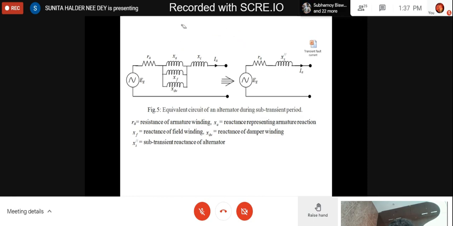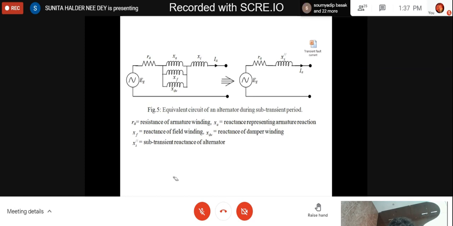When you draw the transformer equivalent circuit, that circuit never exists within a transformer. No resistor is connected there, no inductor is there, but the behavior of the transformer is such that we can represent that behavior by that equivalent circuit.